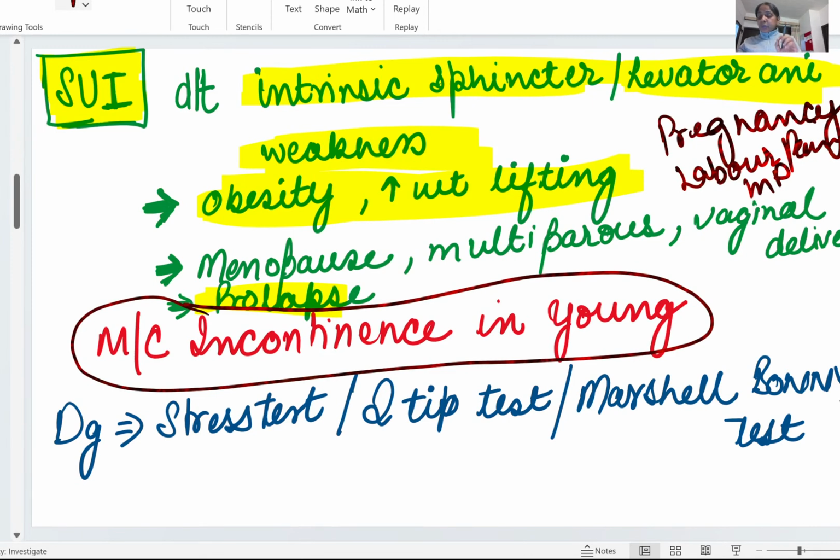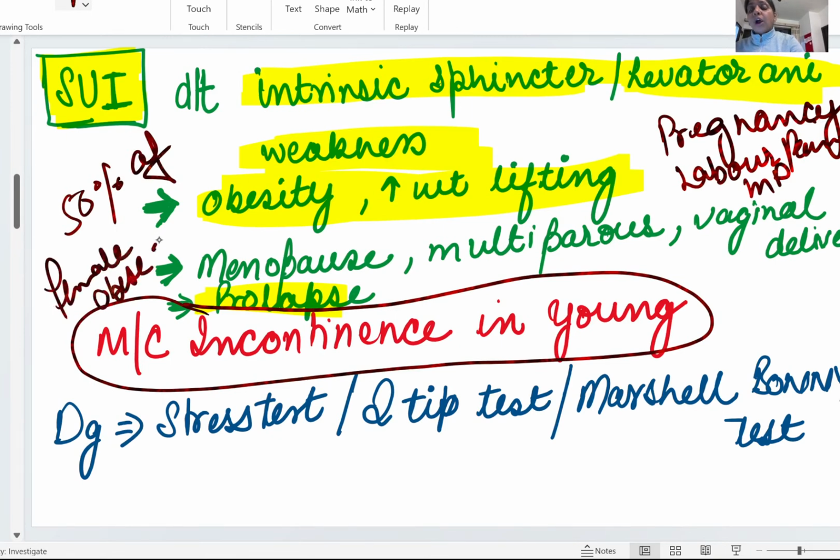It is stress urinary incontinence, because most of the females who are obese undergo this. 50% of females, either they are obese or they are weightlifters.